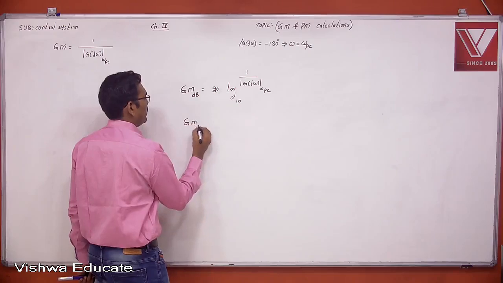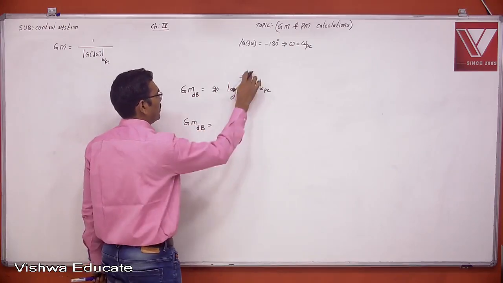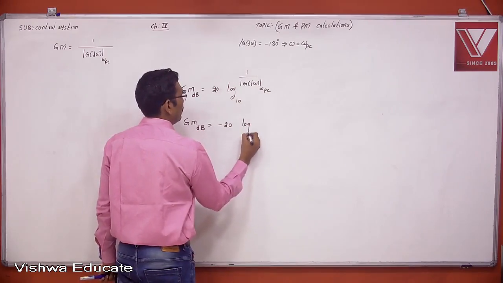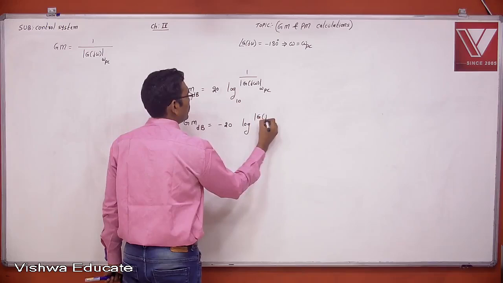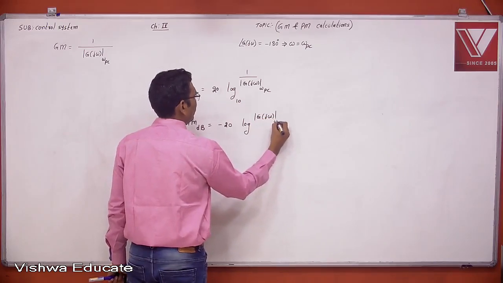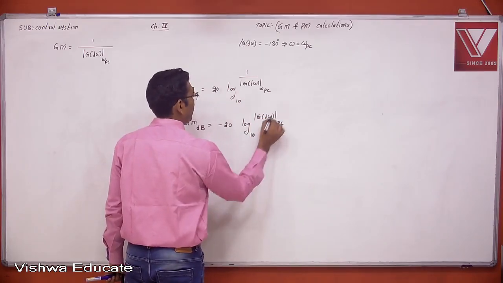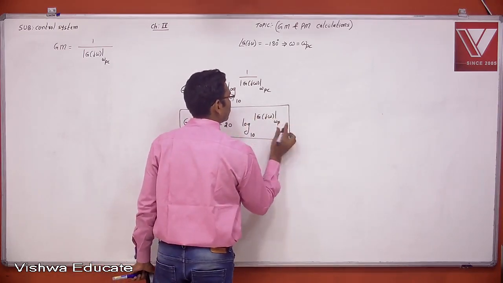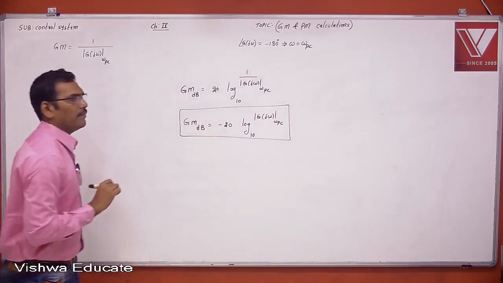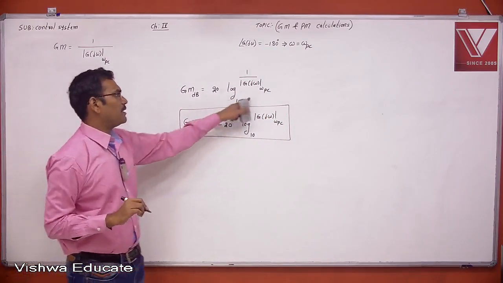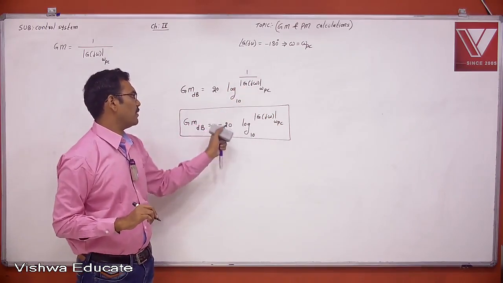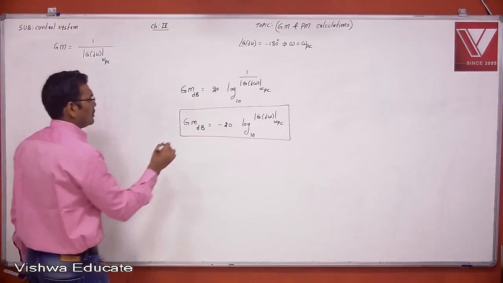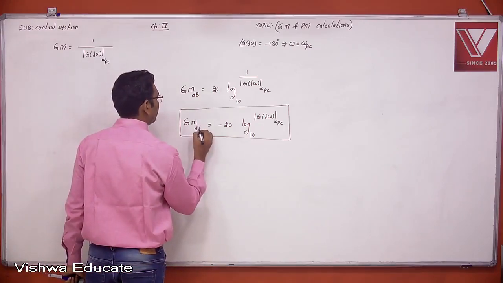Therefore, the gain margin in dB is nothing but 20 log of 1 by x, that is, minus 20 log of the magnitude of G(j omega) at the phase crossover frequency, base 10. This is the gain margin in terms of dB.